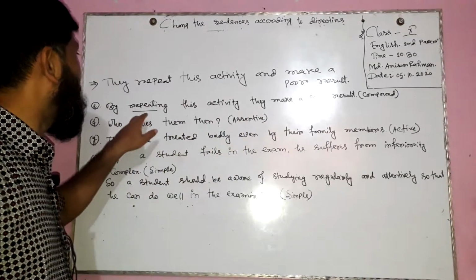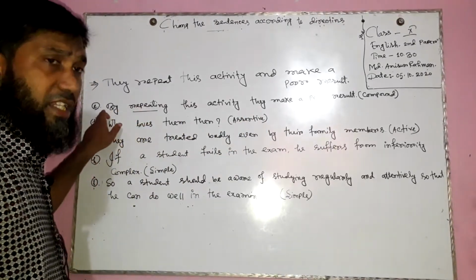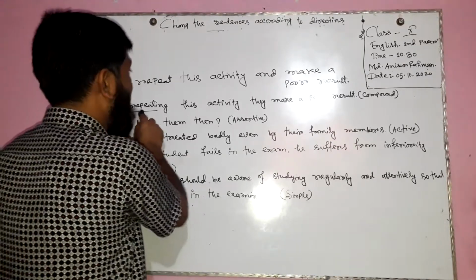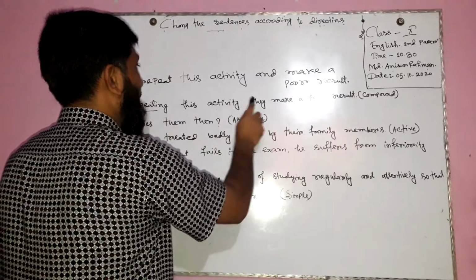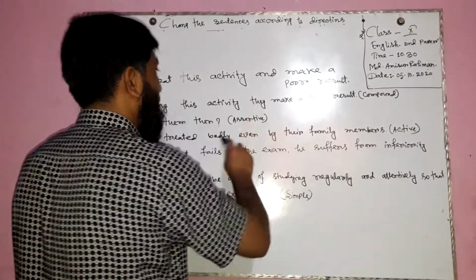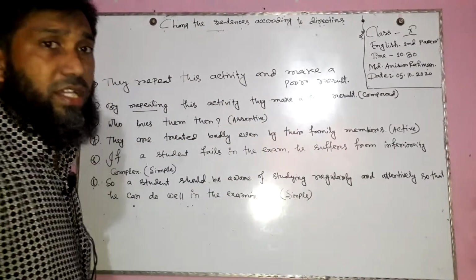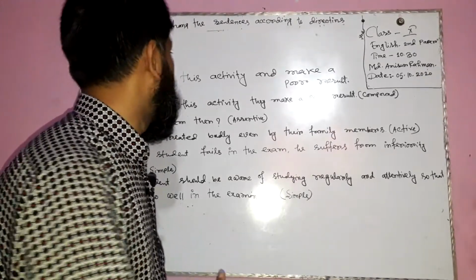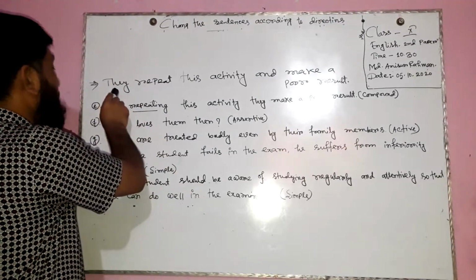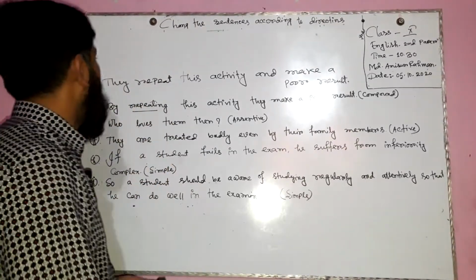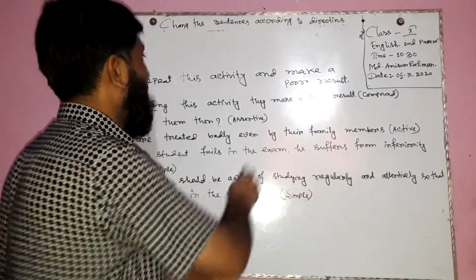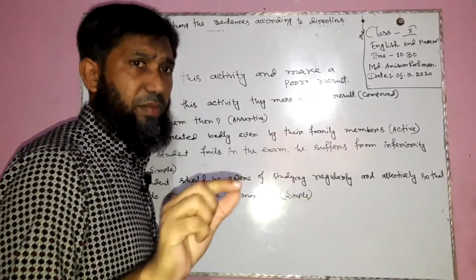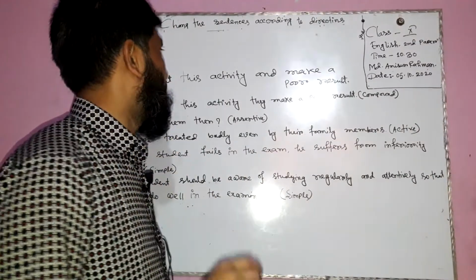So there is no need to use the subject they again, because this clause also has the subject they. So there is no need to write they before the second clause. When we use the subject they in the first clause, we have no need to use they in the second clause, because there is the same subject between the two clauses.